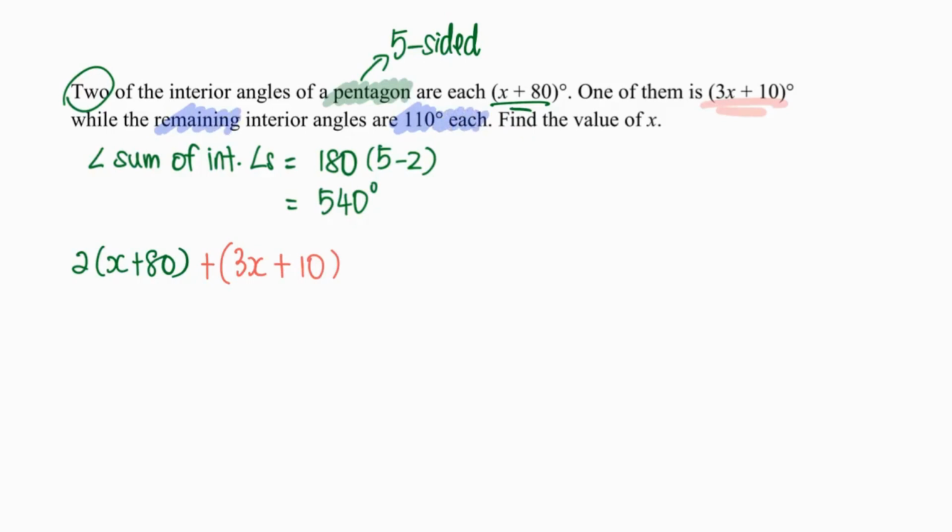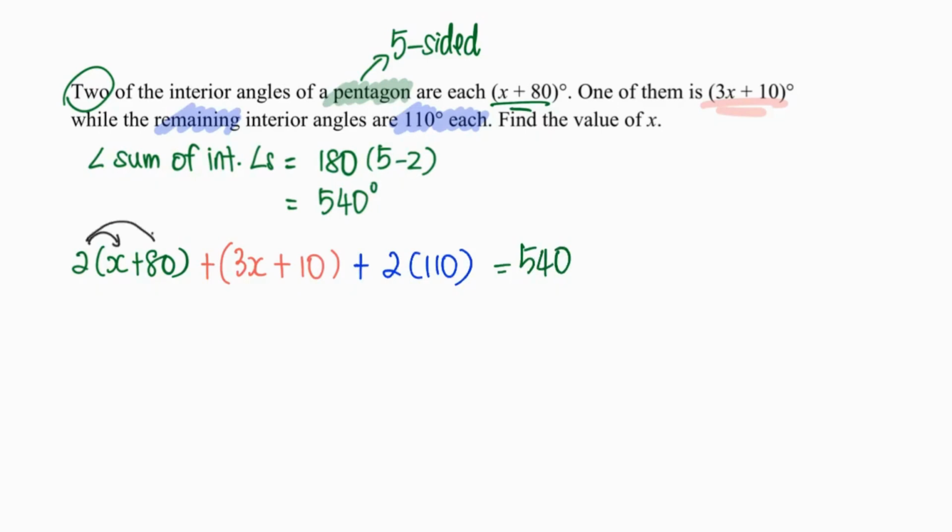So how many remaining are there? I already got 2 here, 1 here, total is 5. So I'm left with another 2. And this one will give me 540. Equation form. Let's start to solve this then.